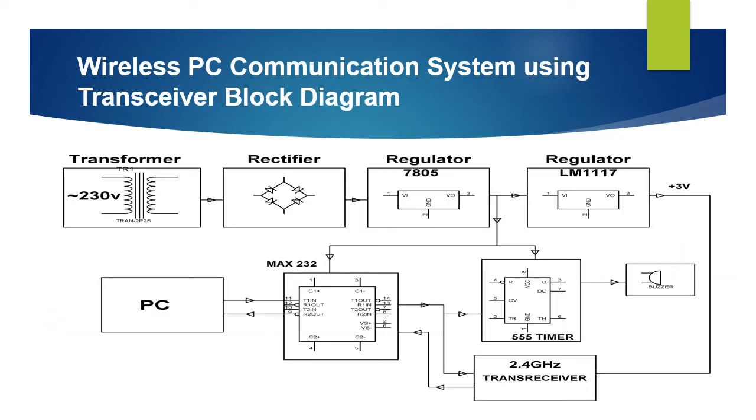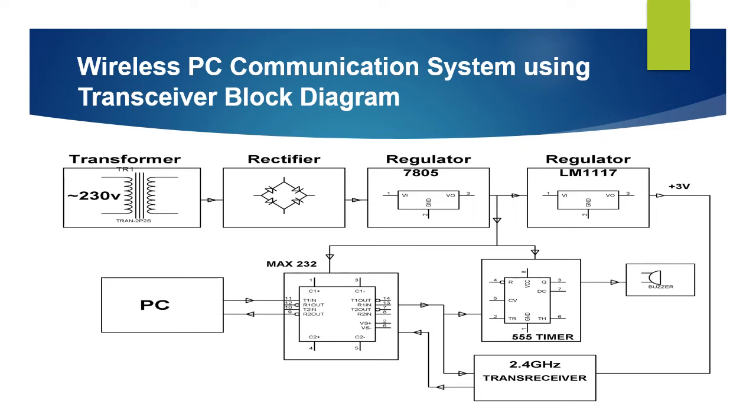So this is the block diagram of this wireless PC communication system using transceiver. Here we'll see what are the hardware components. First, we are having the transformer to provide power, the rectifier, the regulator 7805, the regulator LM1117, and here 2.4 gigahertz transceiver is there.